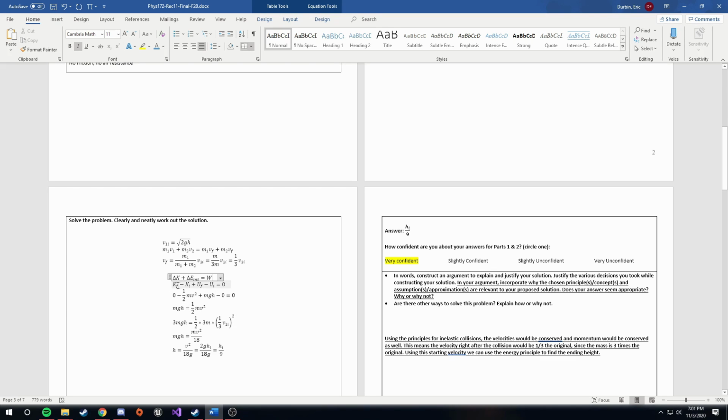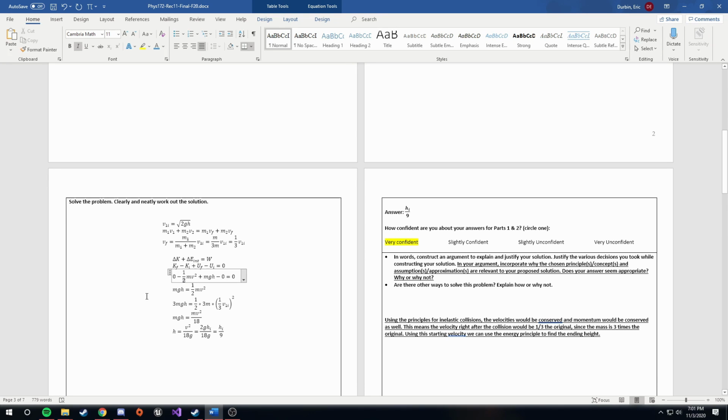The potential energies are all gravitational. We know the final kinetic energy is going to be 0. The initial kinetic energy is just 1/2 mv squared. I'll substitute stuff in later.